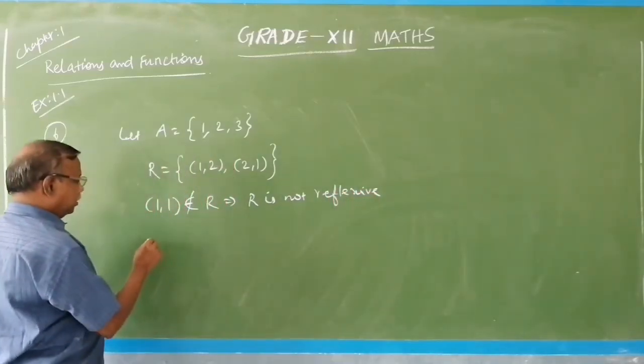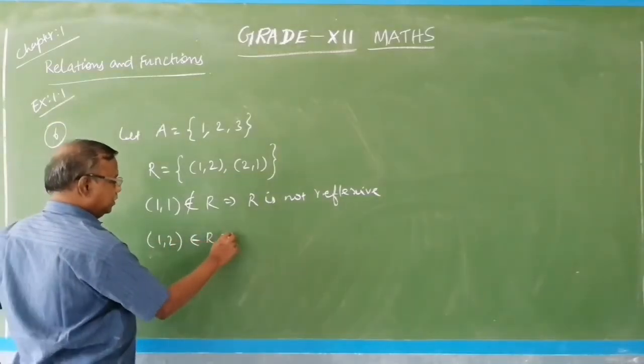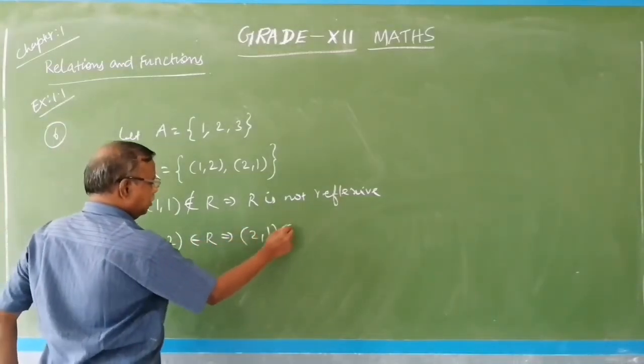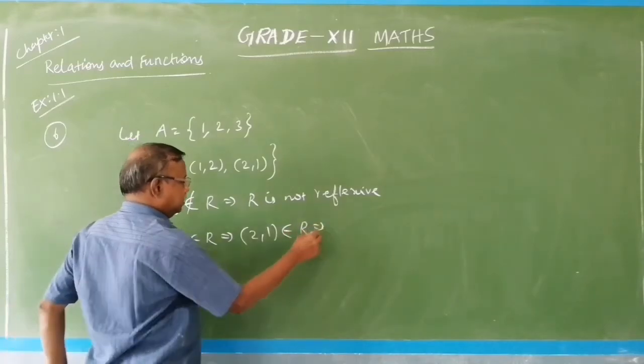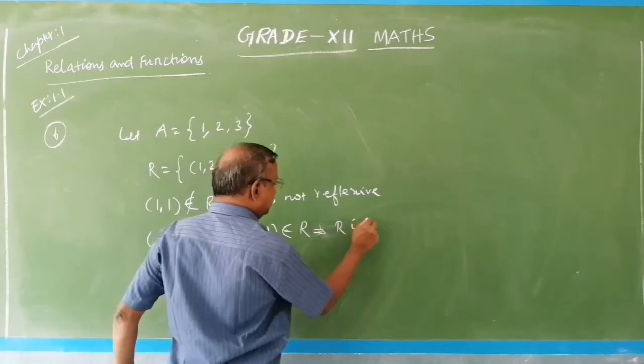And second, (1, 2) belongs to R, which implies (2, 1) also belongs to R. Therefore R is symmetric.